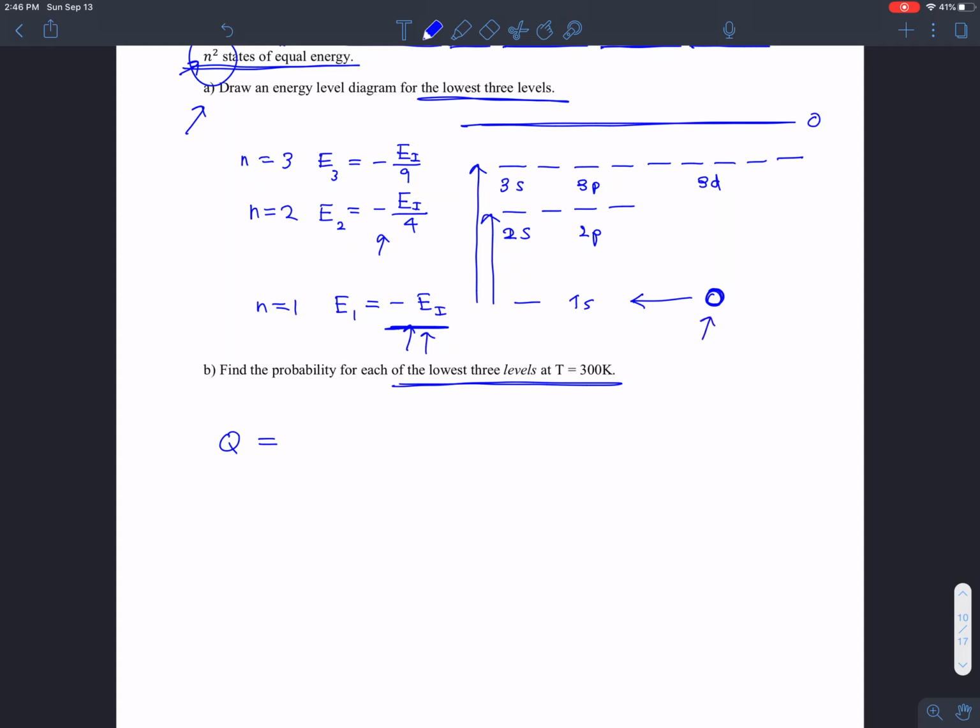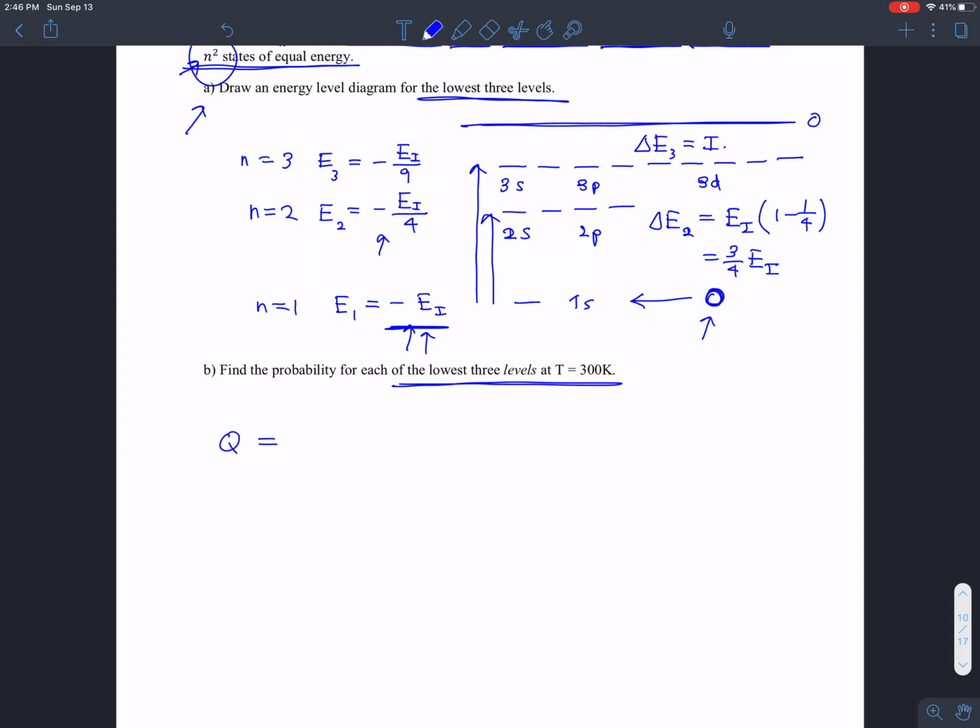If I add a plus E sub I here, I'll get an effective energy that's equal to E sub I times 1 minus 1/4, which is going to be 3/4 of E sub I. And for the next level up, I'll get a delta E sub 3, let's call it.